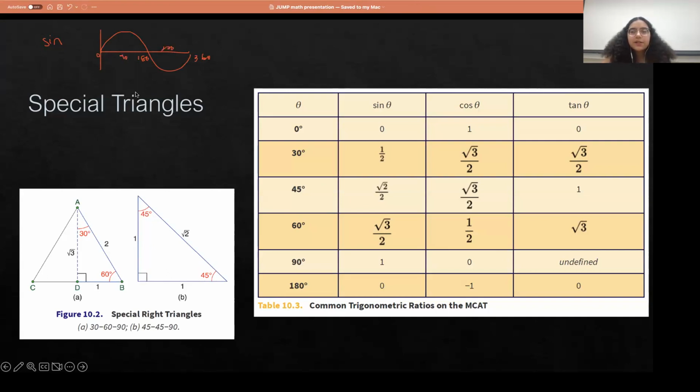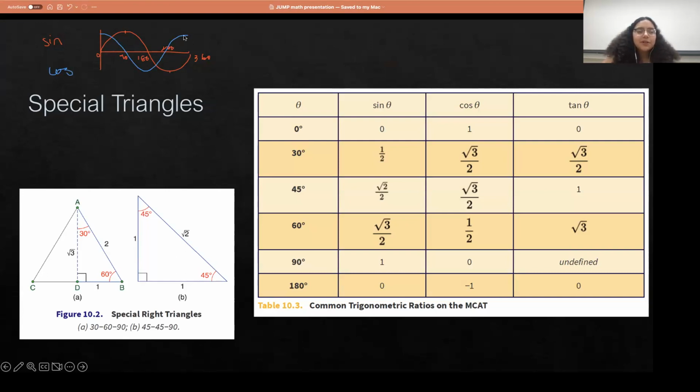So for those angles, if you end up having to do a sine or cosine, you can just picture the graph: sine of 0 is 0, sine of 90 is 1 up here, 180 and 360 are also 0, and then sine of 270 is -1. Cosine starts at 1 and looks more like this. So that's for those numbers.